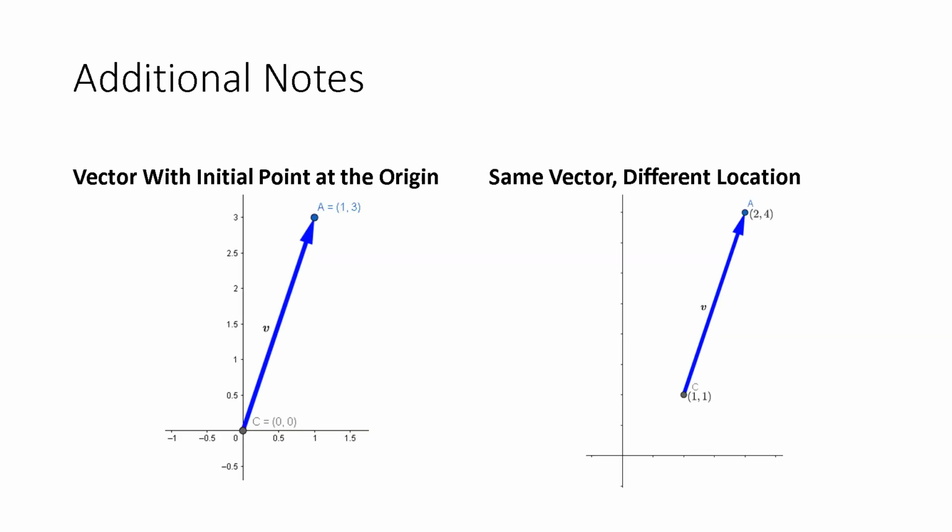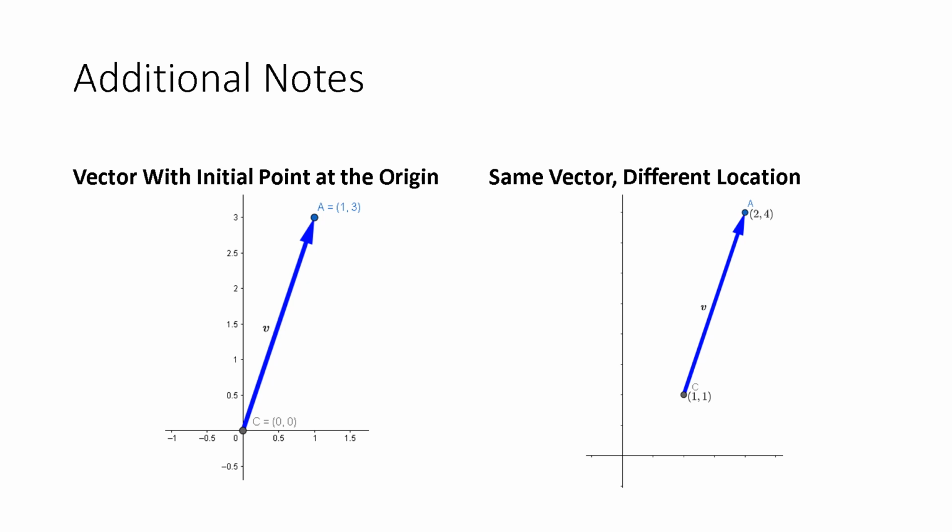So here's a vector with an initial point at the origin. Again, it's our same vector, (0, 0) to (1, 3). But here is that exact same vector moved to the point (1, 1) as its initial point and the point (2, 4) as its terminal point. If you notice, the direction of the vector has not been changed, and the magnitude has not been changed either.